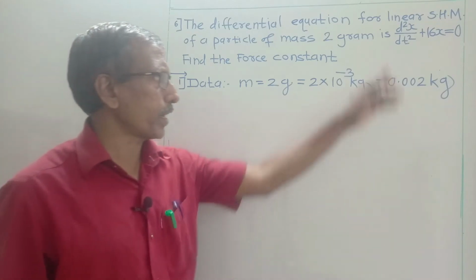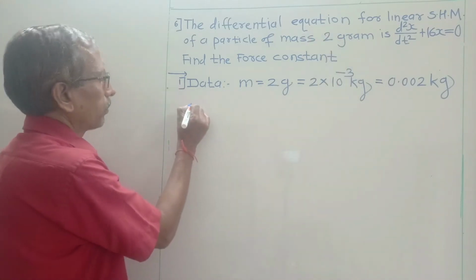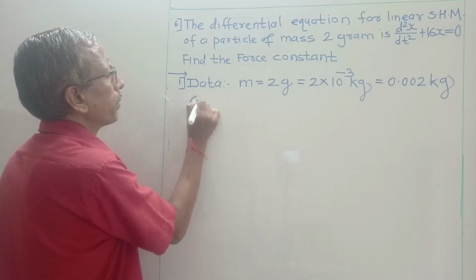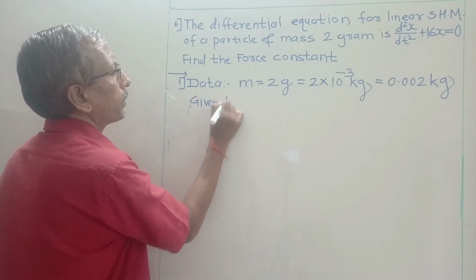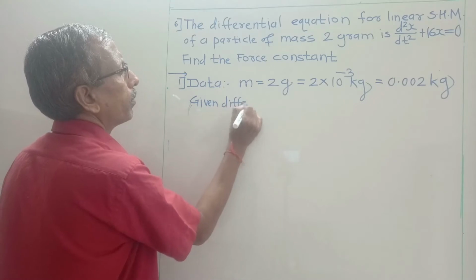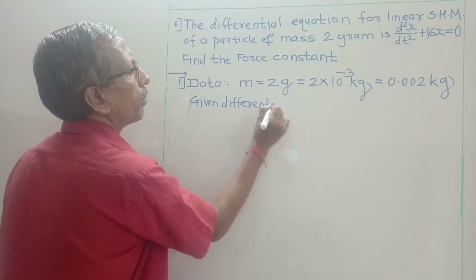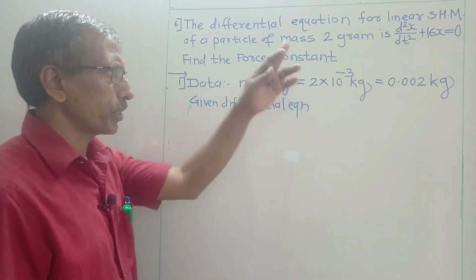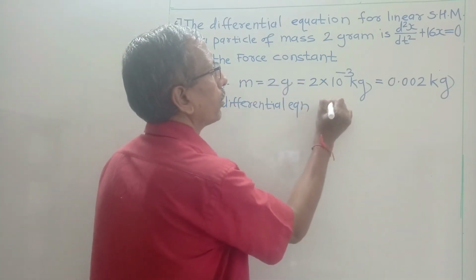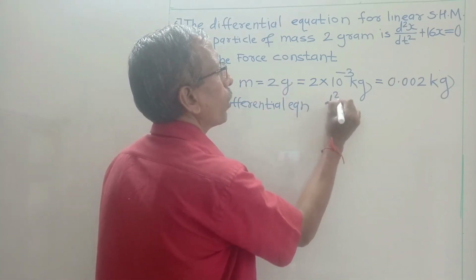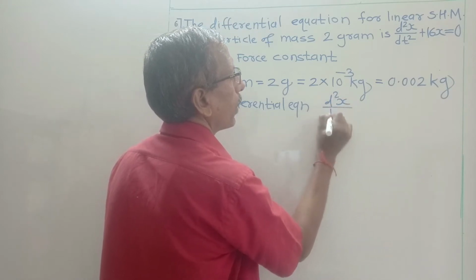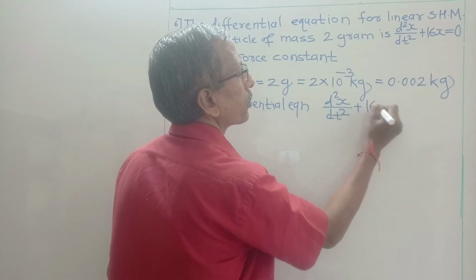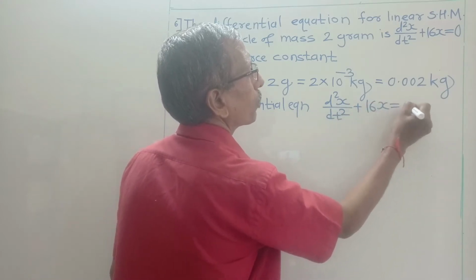Now what is given? The differential equation. So again we have to write the differential equation. Given differential equation: what is the equation given? d2x upon dt square plus 16x is equal to 0.